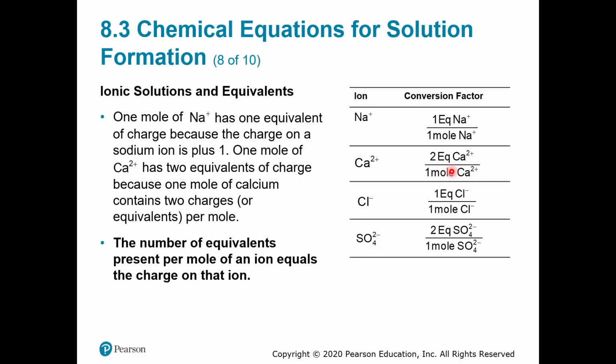Chloride has a -1 charge, so 1 mole of chloride will be 1 equivalent. Sulfate, on the other hand, has a 2- charge, so 1 mole of sulfate would have 2 equivalents. And it allows us to calculate our net charge much more easily, doesn't it?